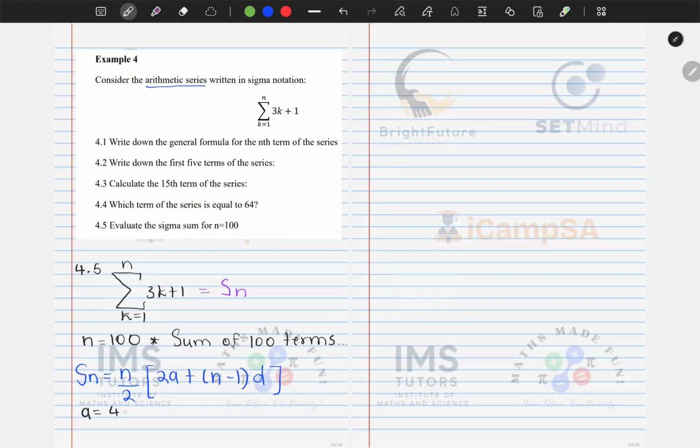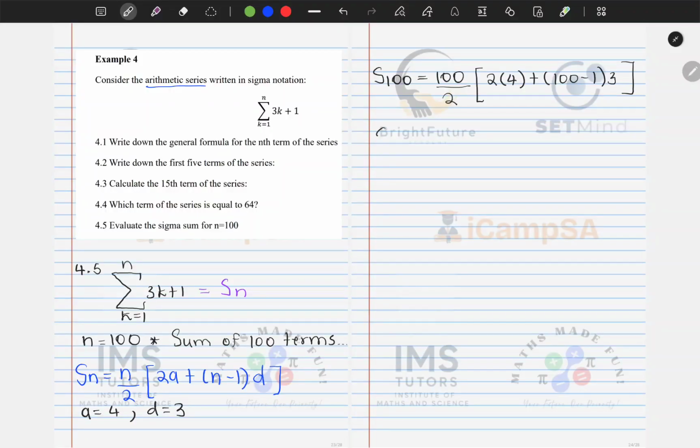So our a is 4 and our d is 3. So we can go ahead and find the sum of 100 terms, which is what our sigma notation will be equal to. So we'll have 100 divided by 2 into 2 times a, which is 4, plus we'll have 100 minus 1 times d, which is 3. So I'll go to my calculator, quickly calculate this and see what we obtain.